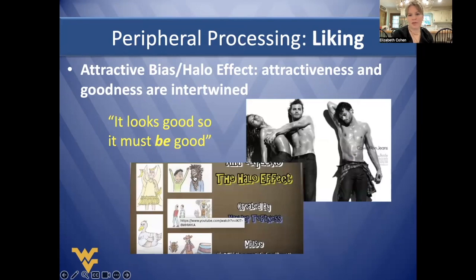Another peripheral processing cue is just liking. If you like it, if you think it tastes good, if you think that person is hot, if you think somebody's smart, whatever, all of these positive feelings that you could have towards an object or a person are all things that will help persuade you one way or another.